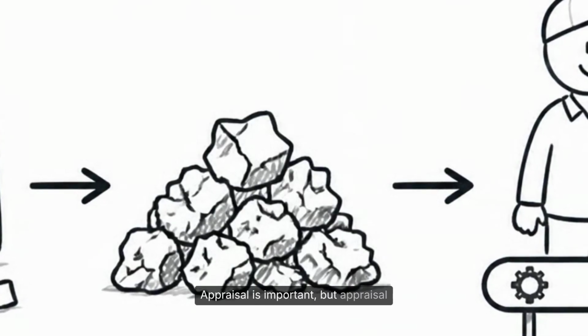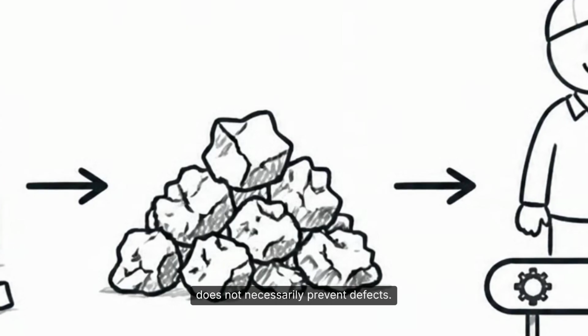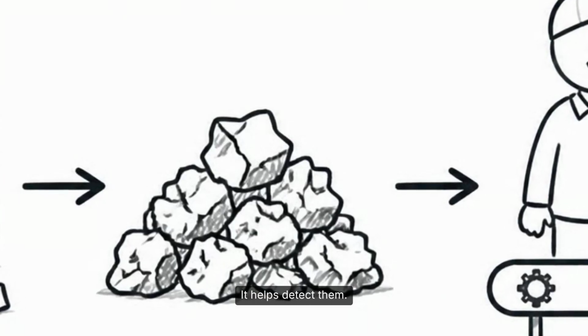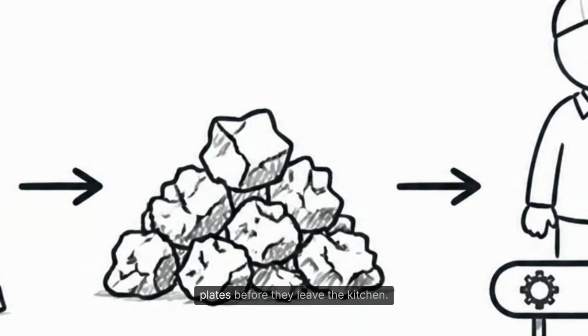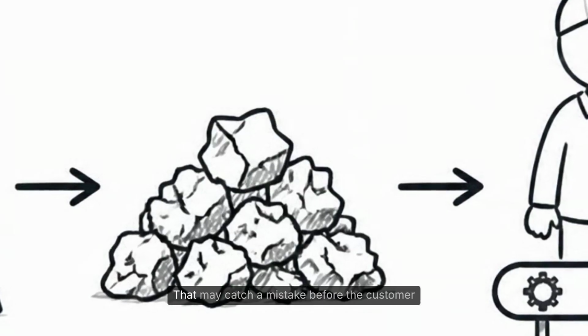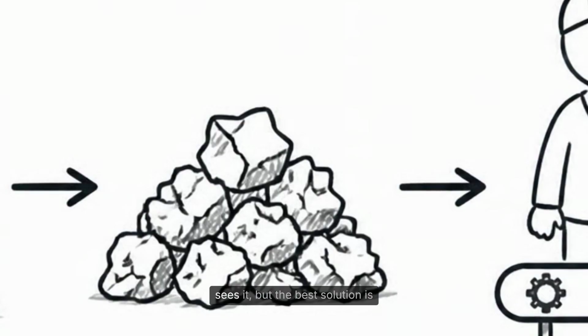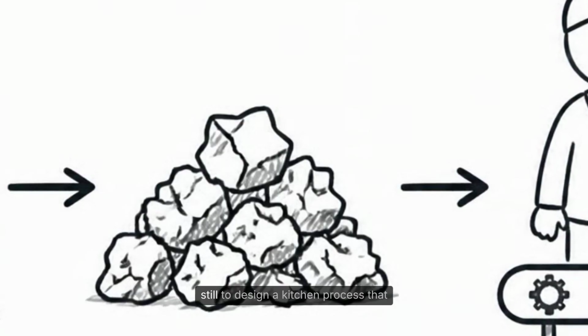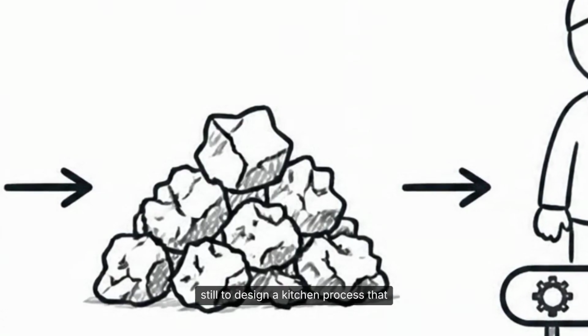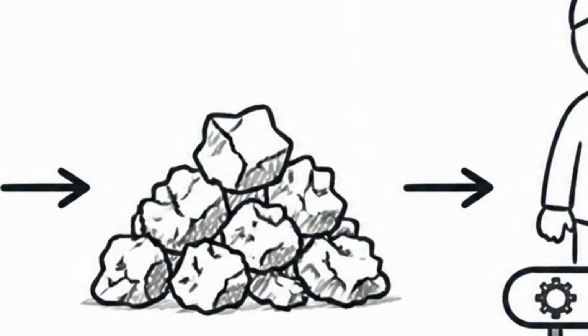Appraisal is important, but appraisal does not necessarily prevent defects. It helps detect them. Think of a restaurant manager checking plates before they leave the kitchen. That may catch a mistake before the customer sees it, but the best solution is still to design a kitchen process that prevents the mistake in the first place.